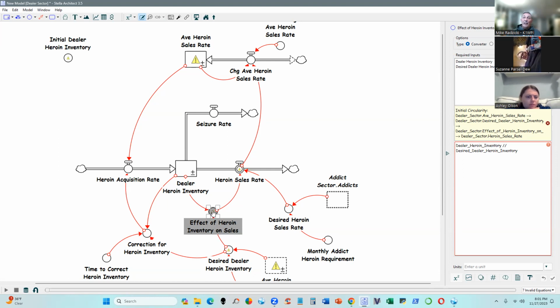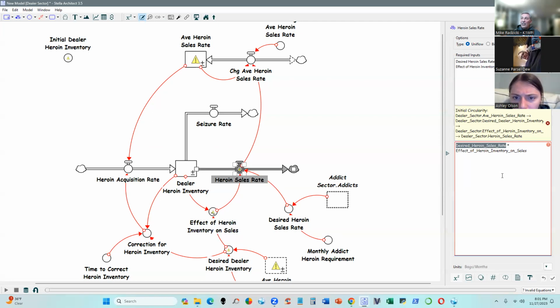Look at the equation. When this is 1, the table function is 1.